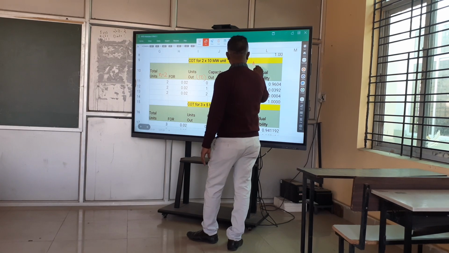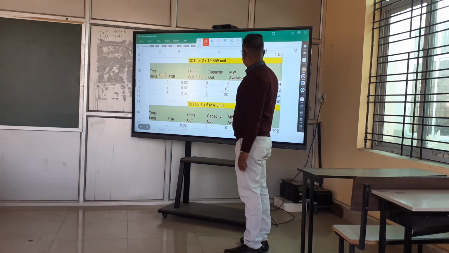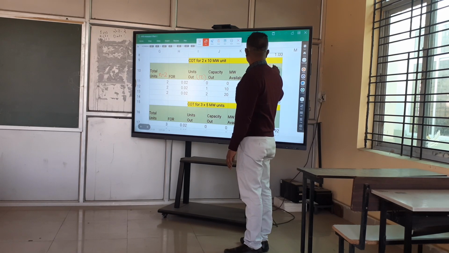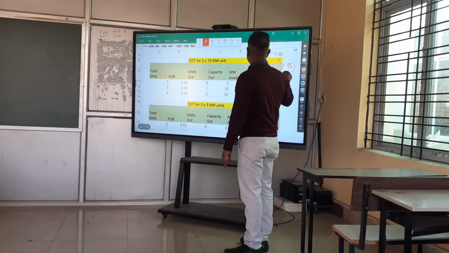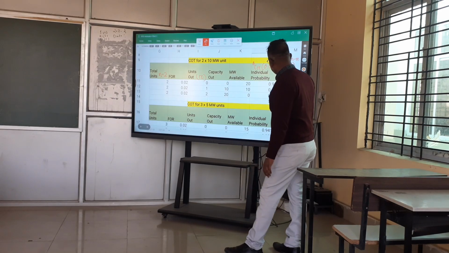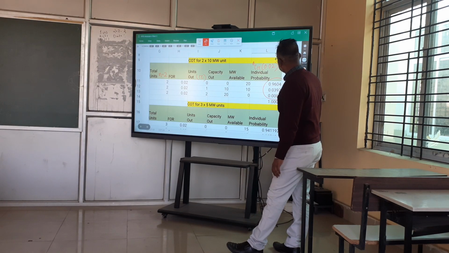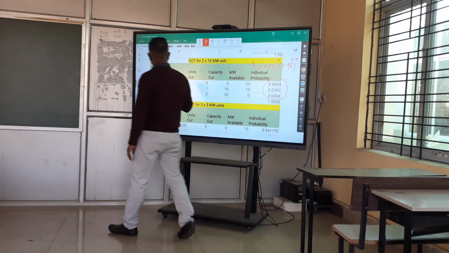Probability is NCR, that means 2CR, success is 0.02 to the power R, 0.98 to the power n minus R. So you should get these three. You compute. In this case you will be needing only three combinations.